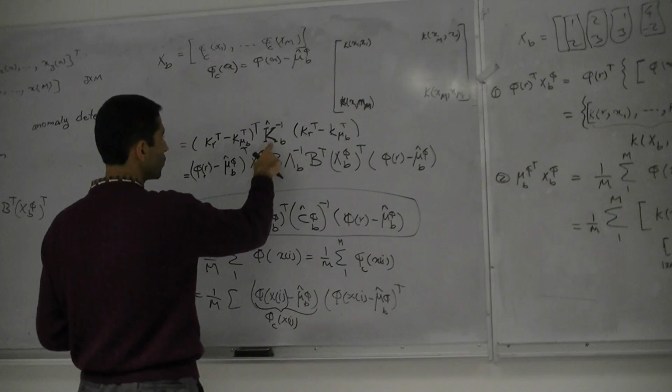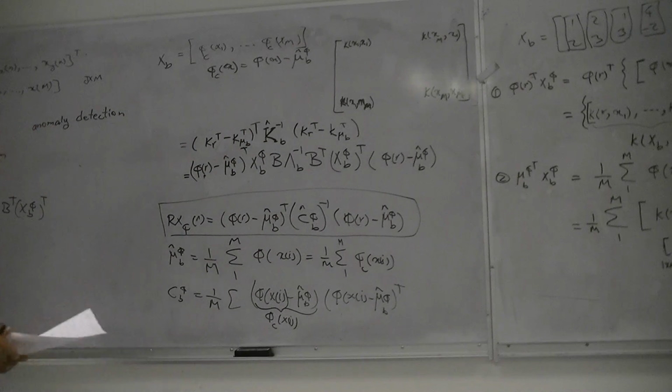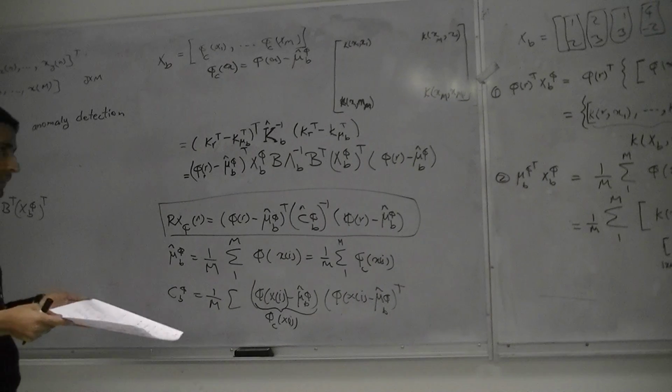And here we need to find the covariance matrix in the second space.